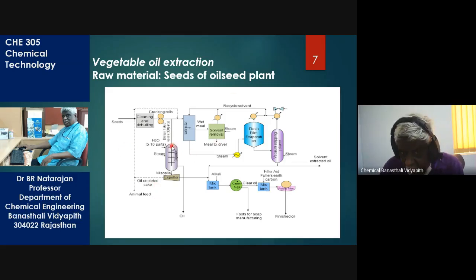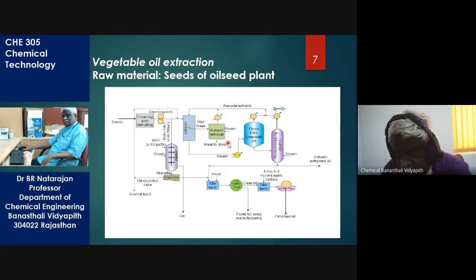But the other output from the expeller is the oil, which comes now to the extractor, where we use a solvent. Typically, the solvent used is hexane. Hexane is the most preferred solvent for oil extraction of edible oil. And then you get the solvent carrying the oil, and then the solvent must be recovered and recycled.